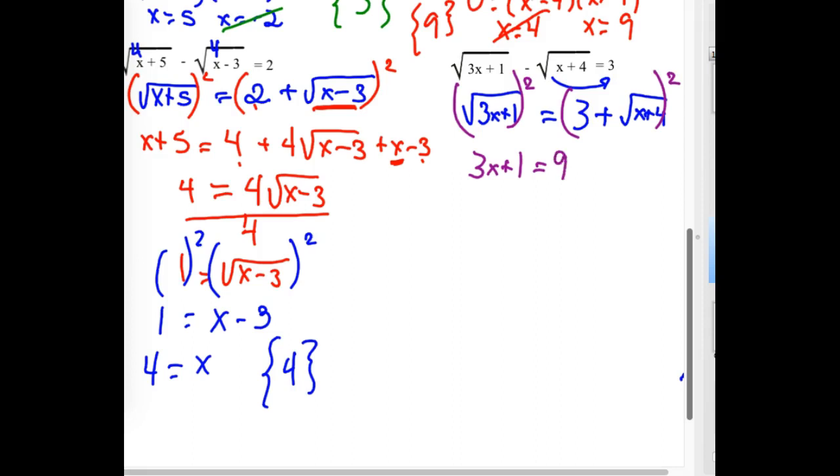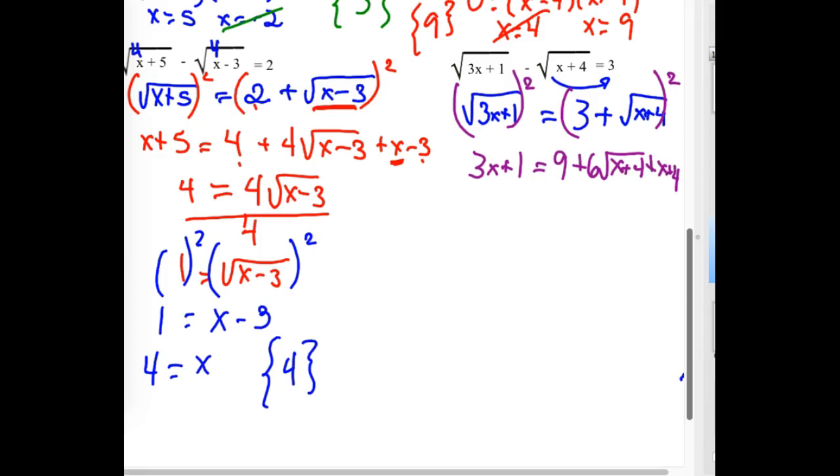Then what's the middle piece? All right, we want to double the product, right? The product would be 3 times the square root of x plus 4. Doubling it gets me 6 times the square root of x plus 4. And then I square the last piece, which leaves me what? An x plus 4.